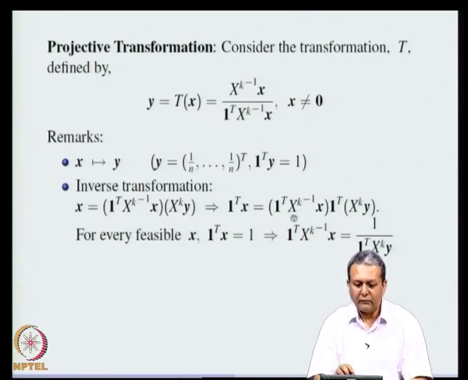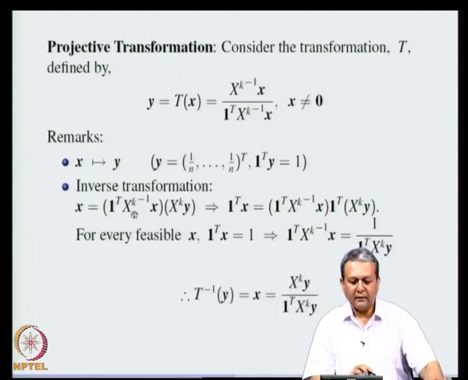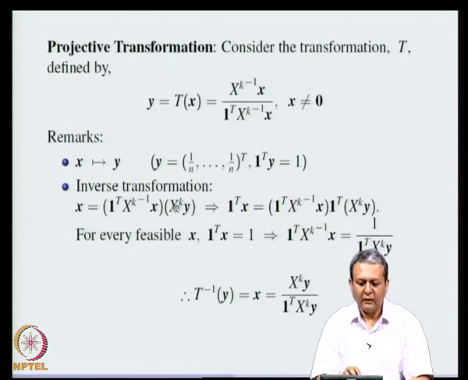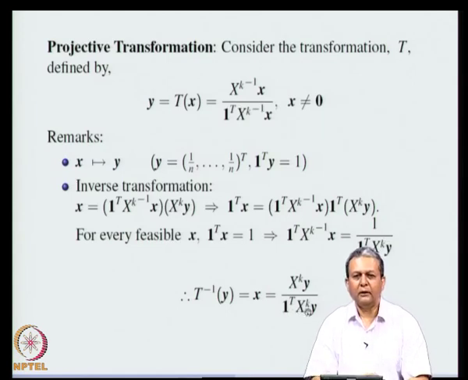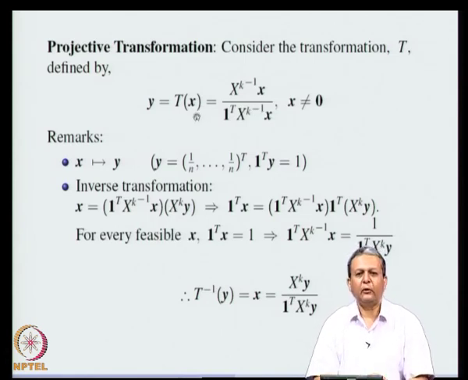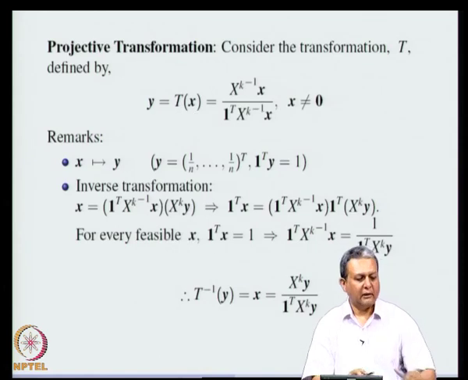So, substitute this value here, and what we get is T inverse y will be x equal to xk y over 1 transpose xk y, that quantity being in the denominator. So, we are able to get an inverse transformation. One can check that this transformation T is a one-to-one invertible transformation.